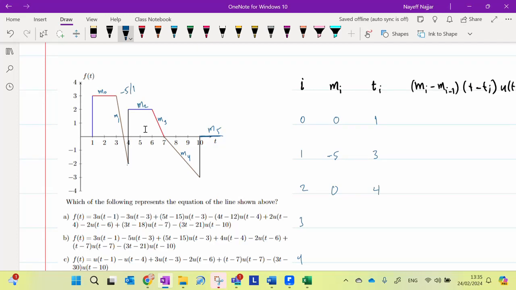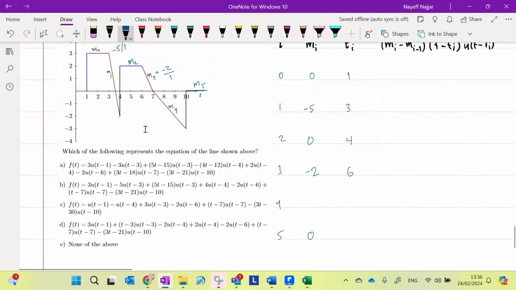and then M3 started at 6, and for M3 the slope is 0 -2 over 7 - 6 is 1, so this is -2. And then for the fourth segment it's -3 -0, 10 -7 is 3.